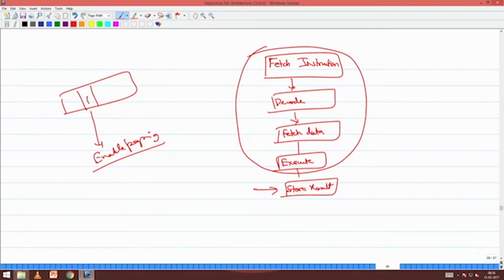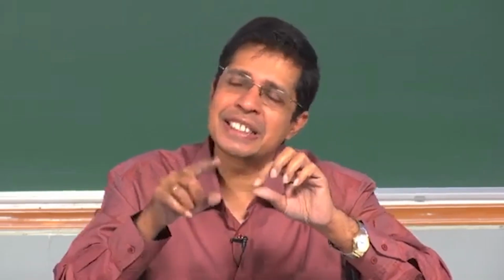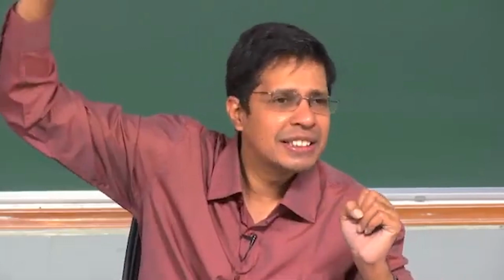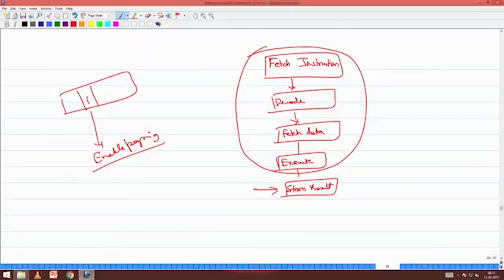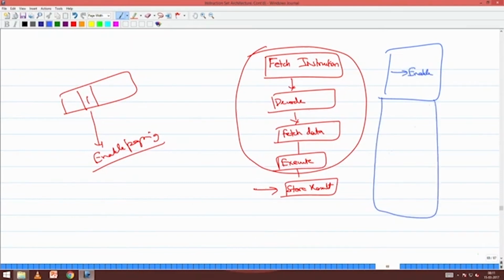Just for the fun of it, suppose I plan in such a way that the instruction that enables paging is followed by a next instruction that is in some other page somewhere, and I map it properly. Are you able to get this? To make fun of the architecture, this is the instruction that enables paging, and there is some other page somewhere.